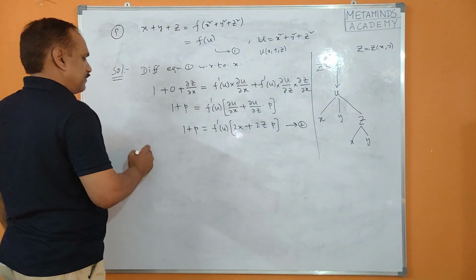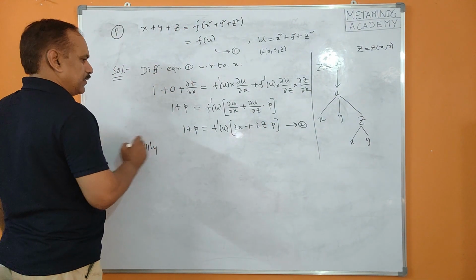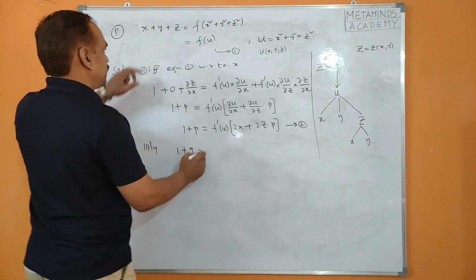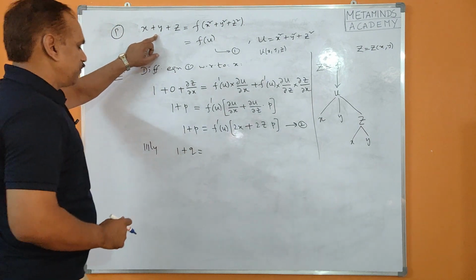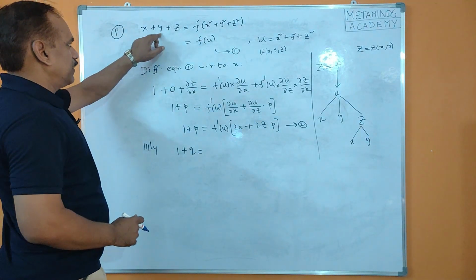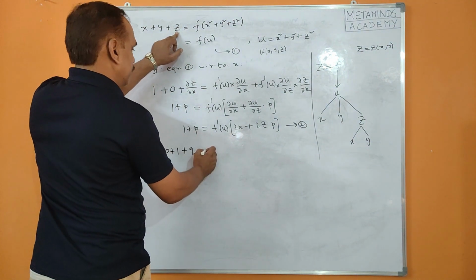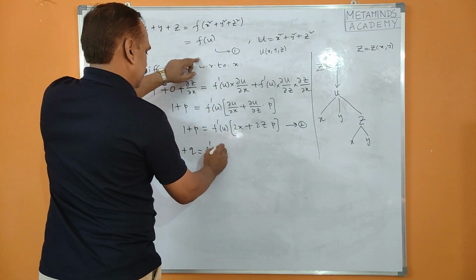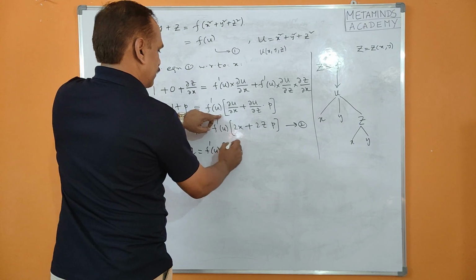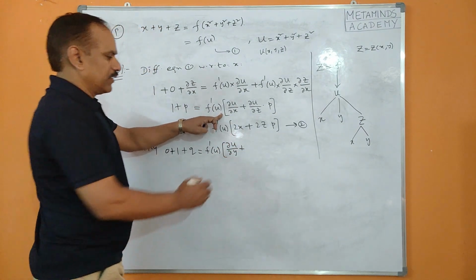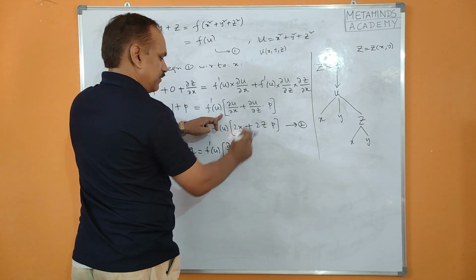Second one. Similarly, we get 1 plus q. When you differentiate equation 1 with respect to y, 0 plus 1 plus q equals f dash u into dou u by dou y, because we are differentiating with respect to y. In place of x, you will get y.